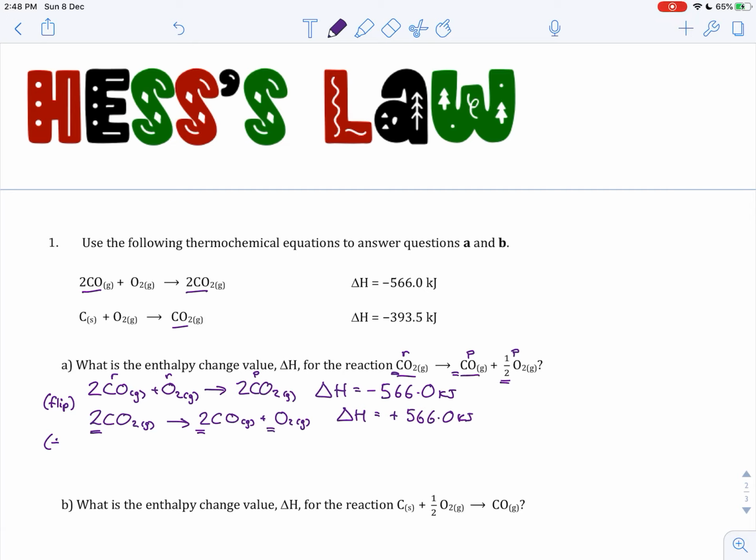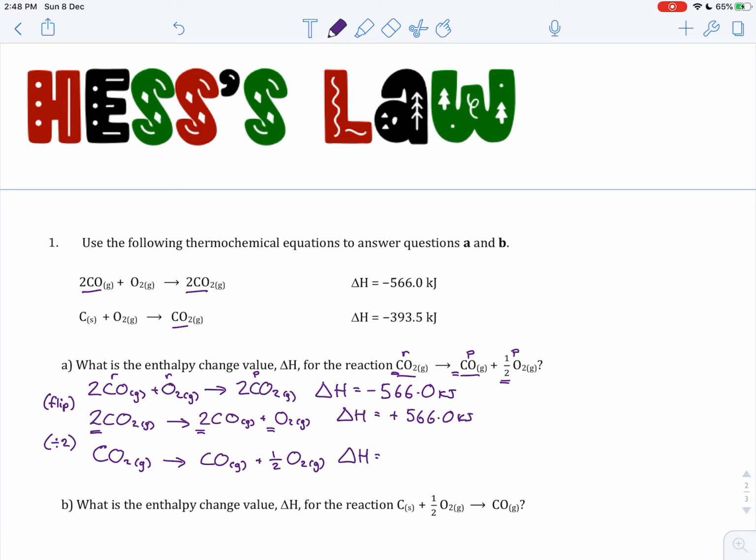So now what you're going to do is divide by 2. So you're going to have carbon dioxide, carbon monoxide, and 1 oxygen divided by 2 is half an oxygen.